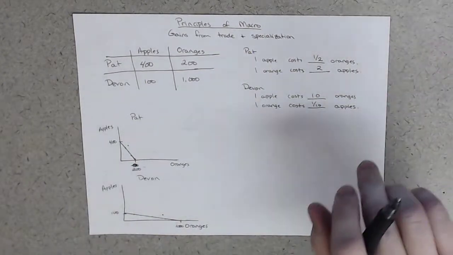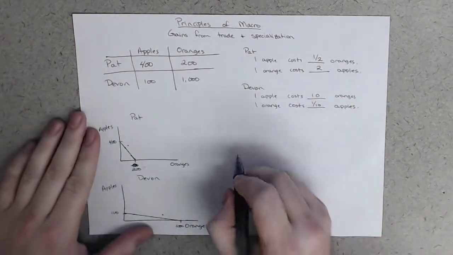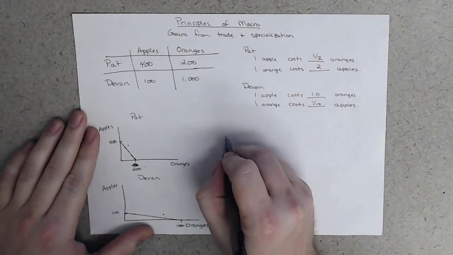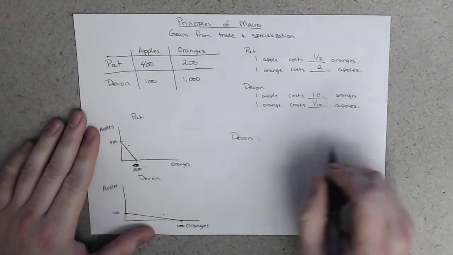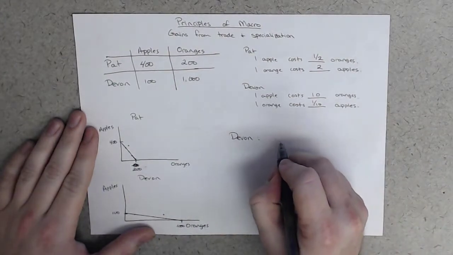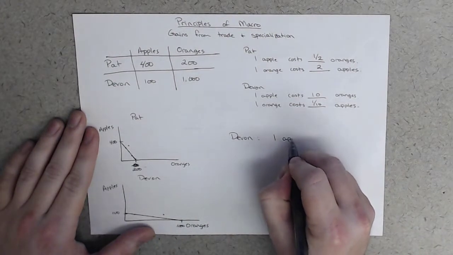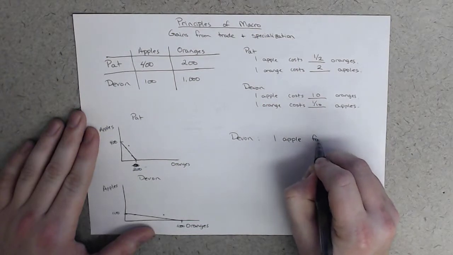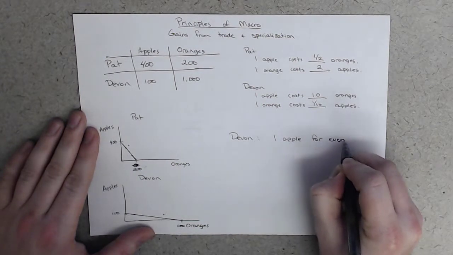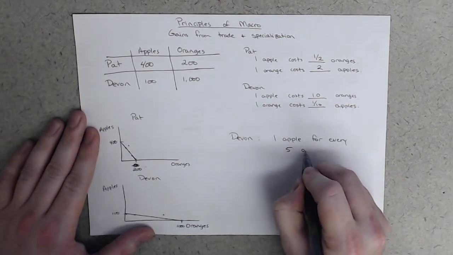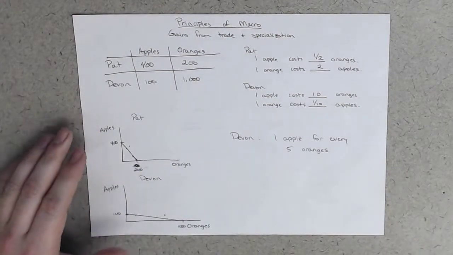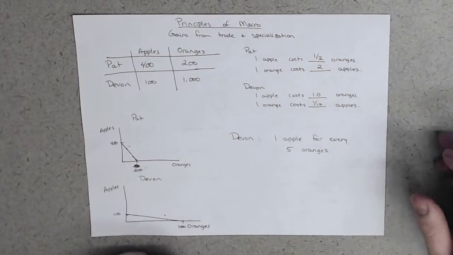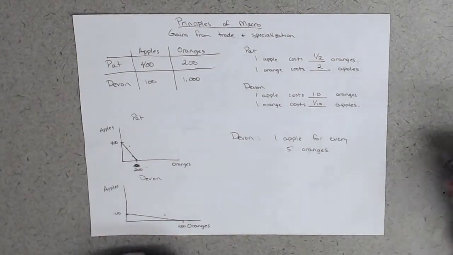Okay, and so let's say that Devin proposes that he gets 1 apple for every 5 oranges. So Devin walks up to Pat and says, "I will give you 5 oranges for 1 apple."